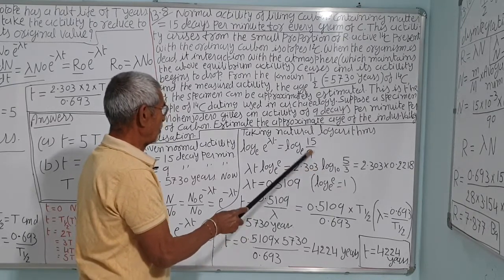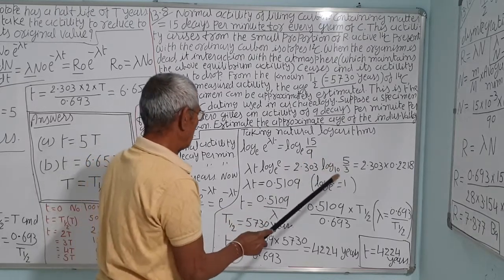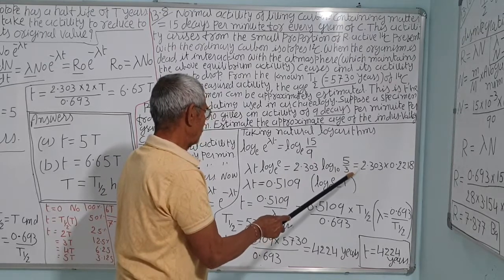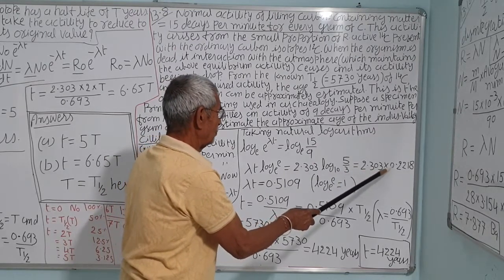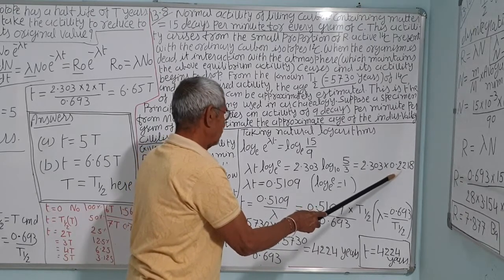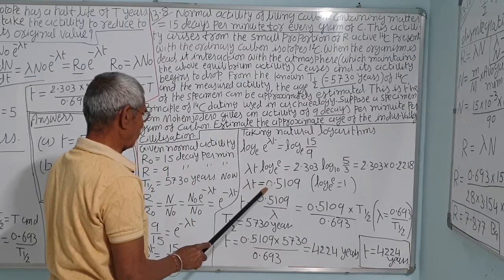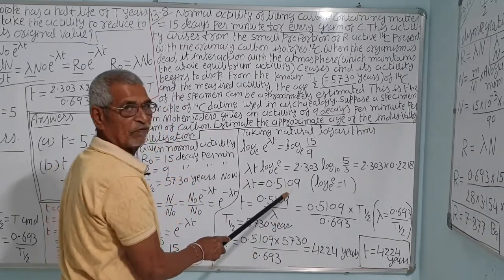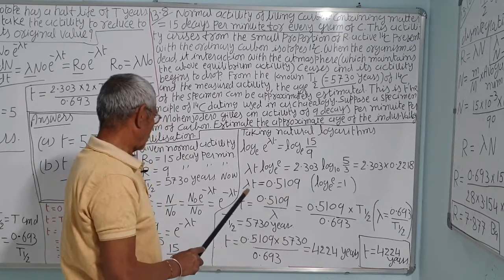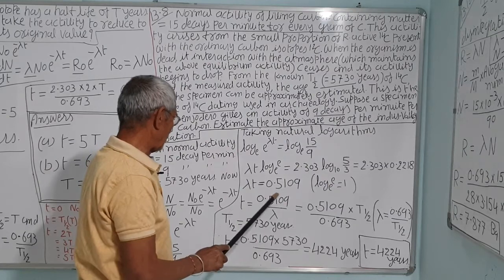So 2.303 into 0.2218, that is, lambda T is equal to 0.5109. We want T on the left side.